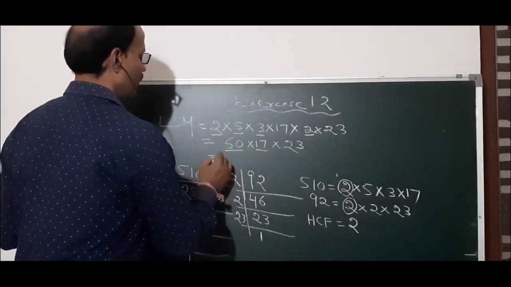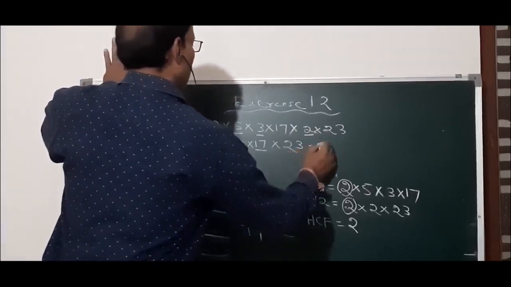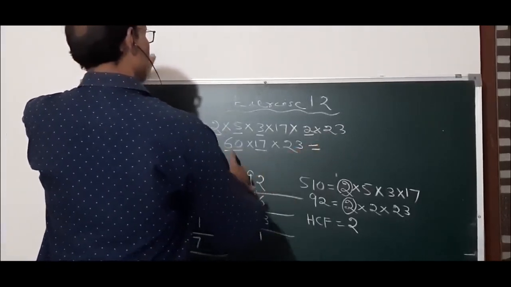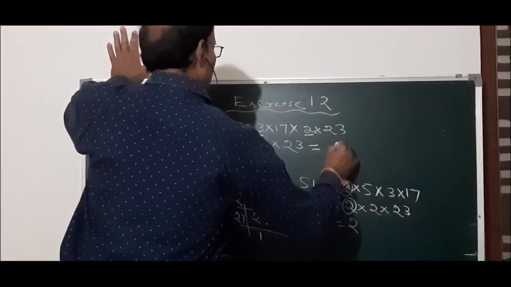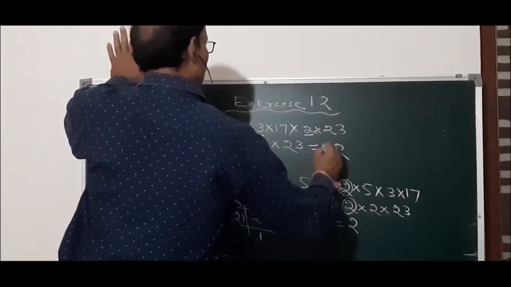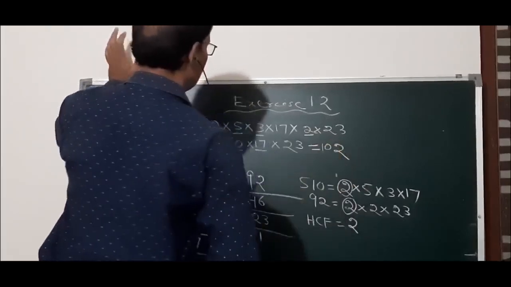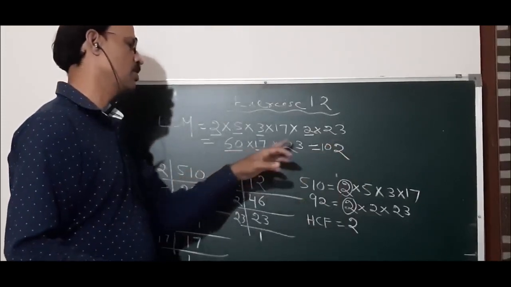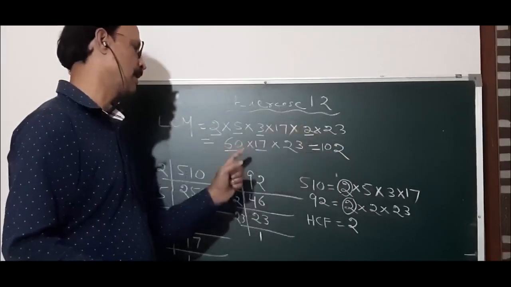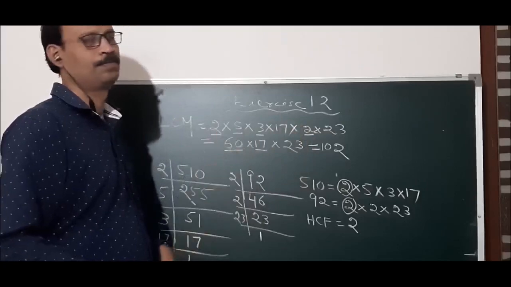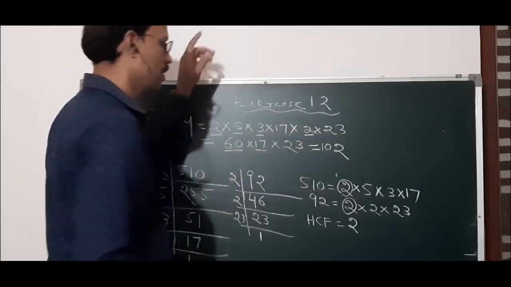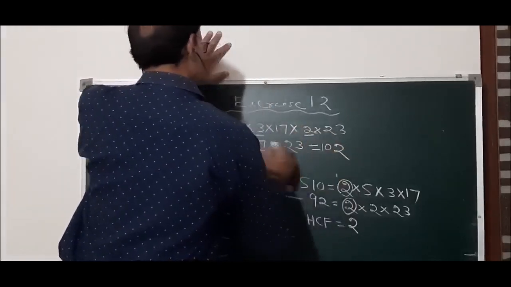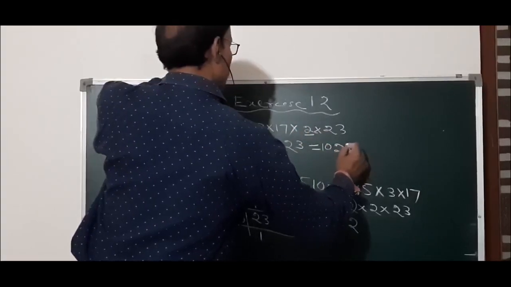It will be 102. 6 7s are 42, 2 and 4 carry. So 6 1s are 6, plus 4, 10, and here 1 0 is here, so I'll just put 0.